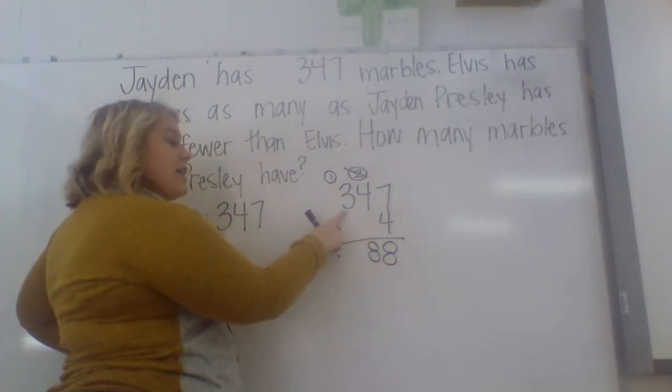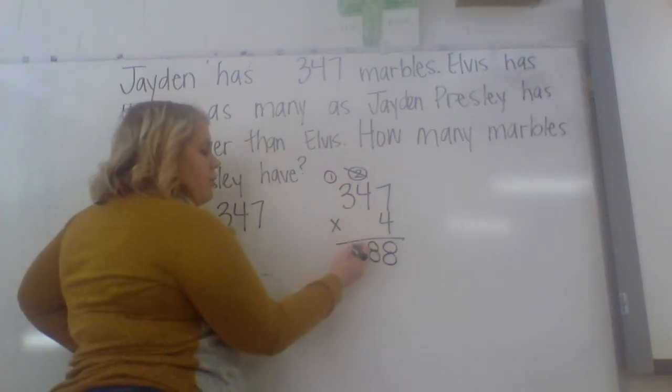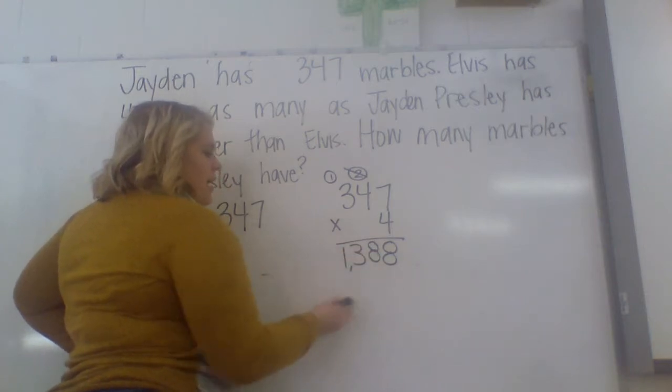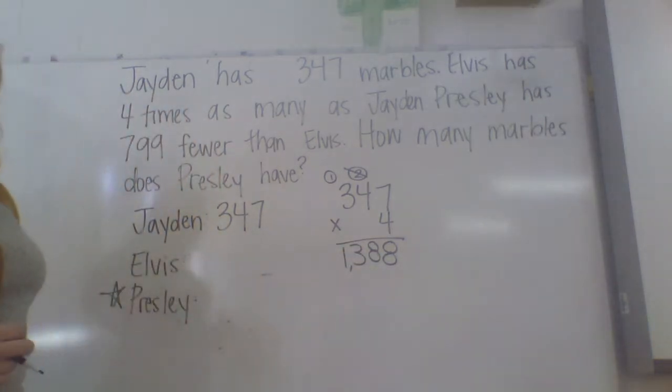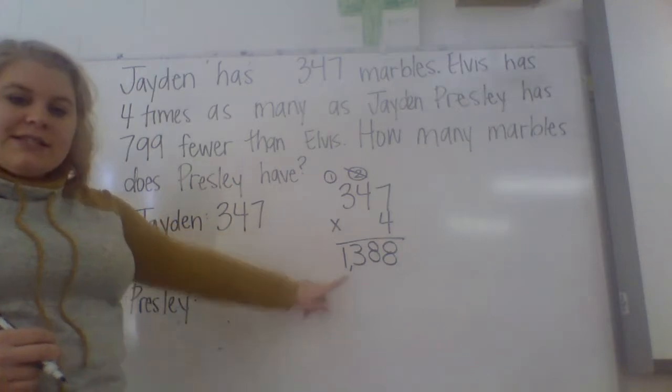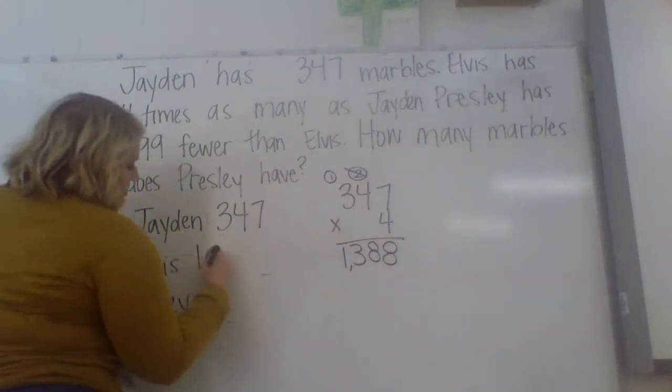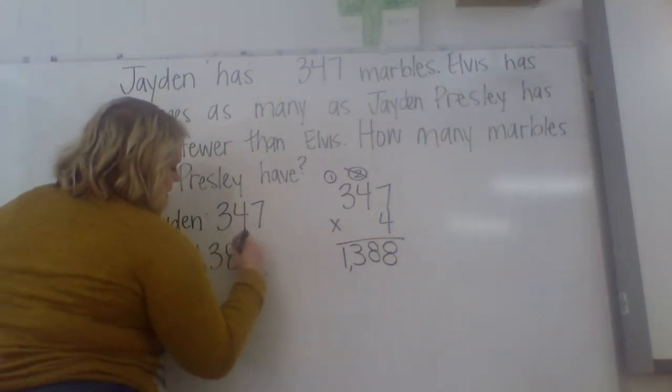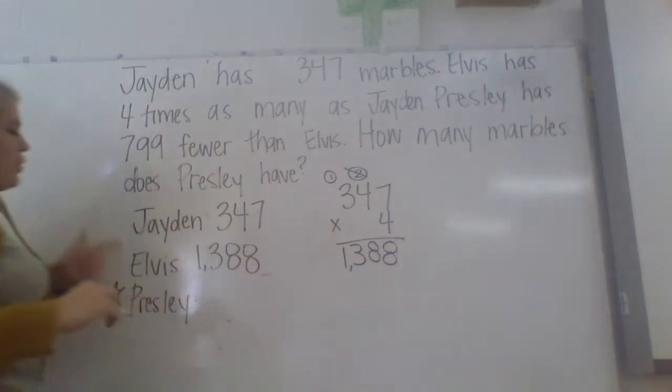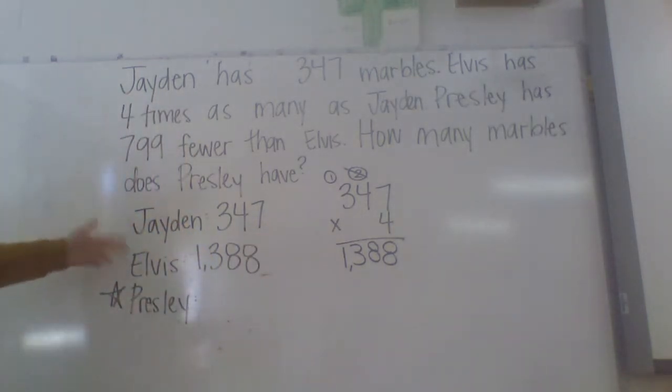Now 4 times 3 is 12. 12 plus 1 is 13. So we have figured out that Elvis has 1,388 marbles.